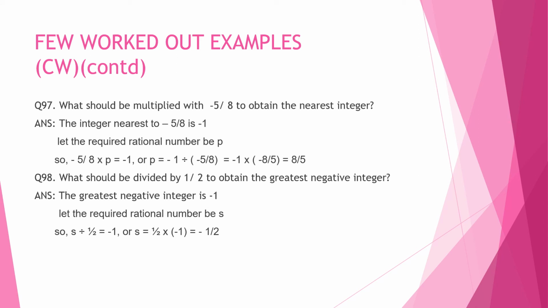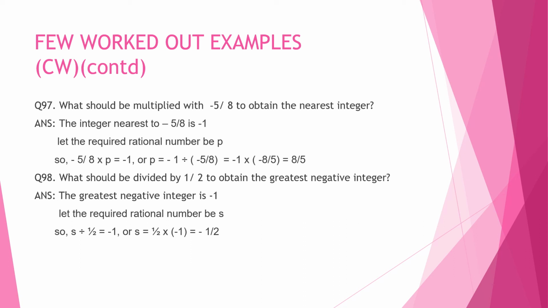Question number 97. What should be multiplied with minus 5 by 8 to obtain the nearest integer? Here again, minus 5 by 8 lies between 0 and minus 1, and it is more towards minus 1. Because the midway between 0 and minus 1 is actually minus 4 by 8. This is minus 5 by 8, so it's more towards minus 1.